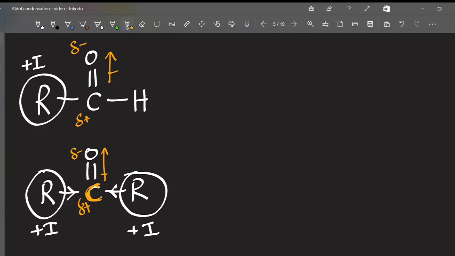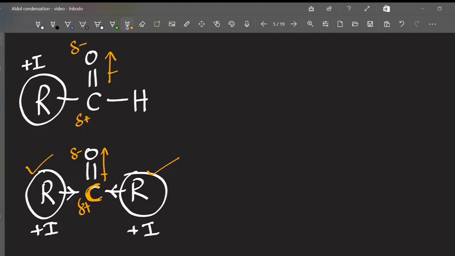So the electron deficiency it has will be satisfied by these two groups, these two friends. But in aldehydes we have only one R group which can help the electrophilic carbon, which means the positive charge will be more available at the aldehydes. Hope it is clear.